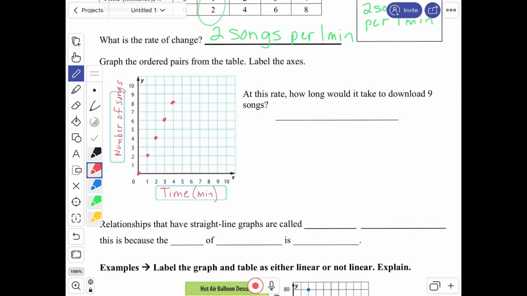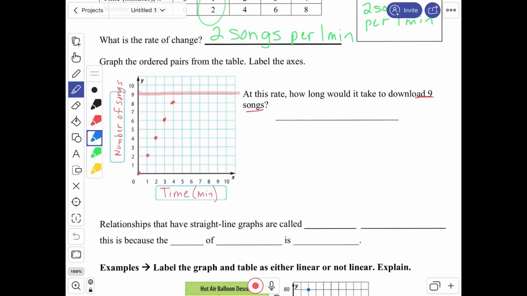The question asked, at this rate, how long would it take to download 9 songs? So I hope you've noticed there's kind of a pattern, made kind of a straight line. So let's use our graph and find 9 songs. I'm going to go up to 9 on the songs and then over.